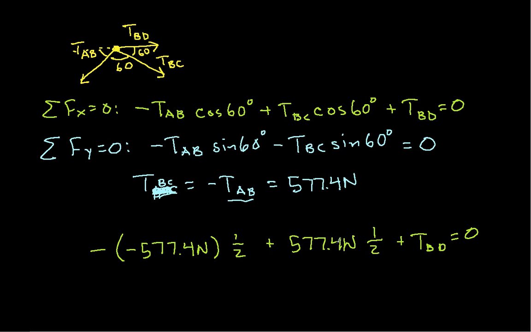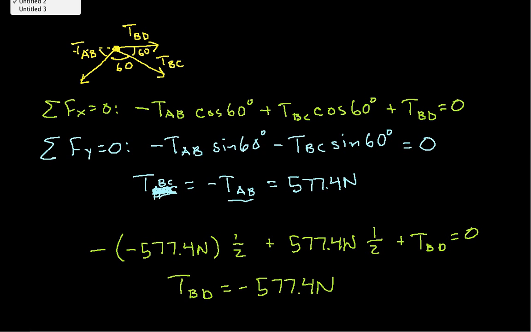And when we solve this, we then get TBD is equal to minus 577.4 newtons. Okay, so we've got 2 more tensions that we've been able to compute from joint B.